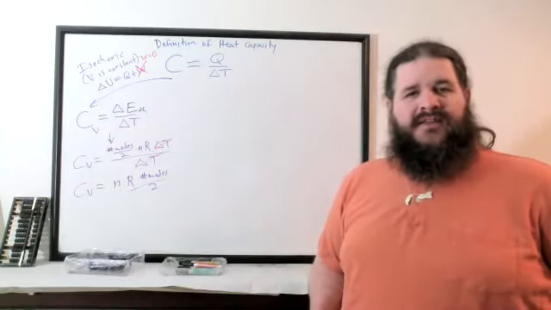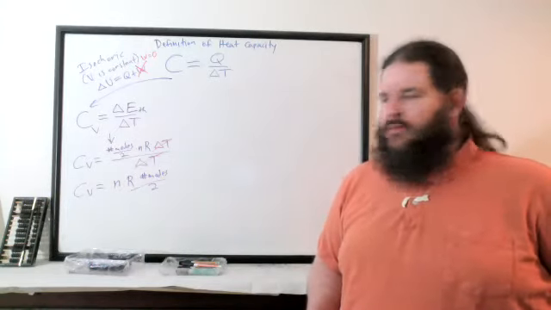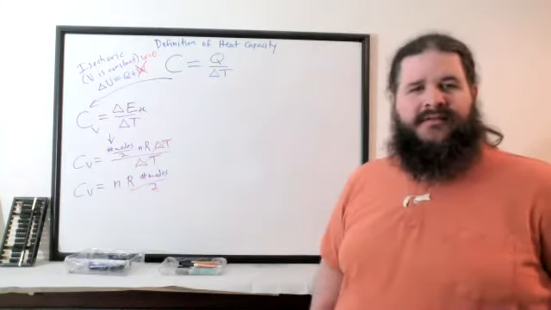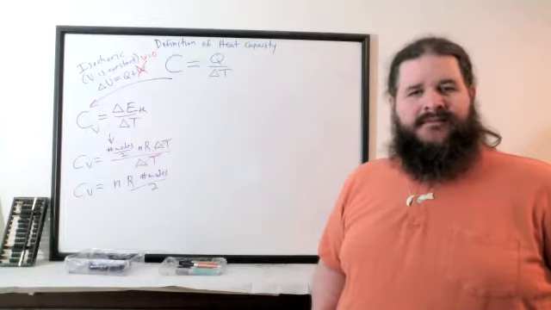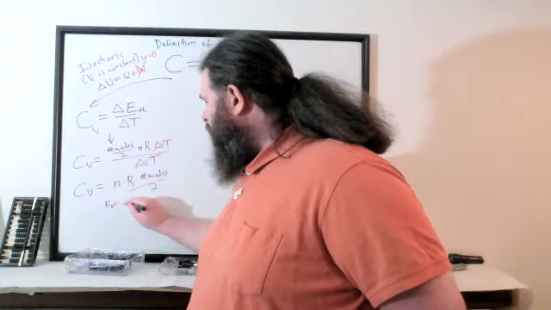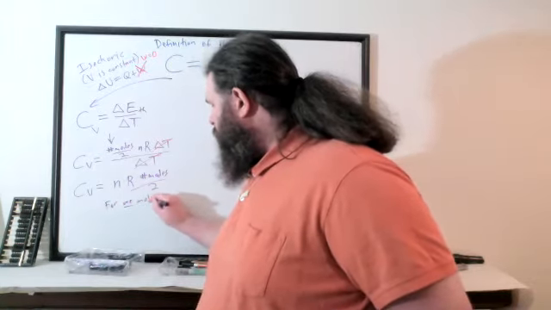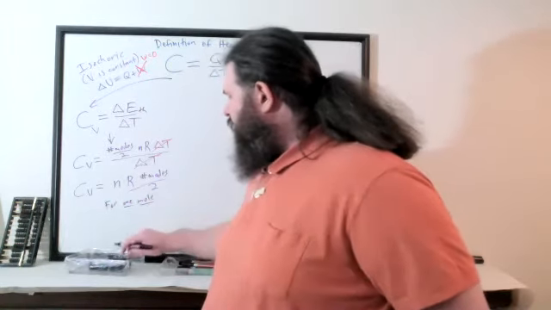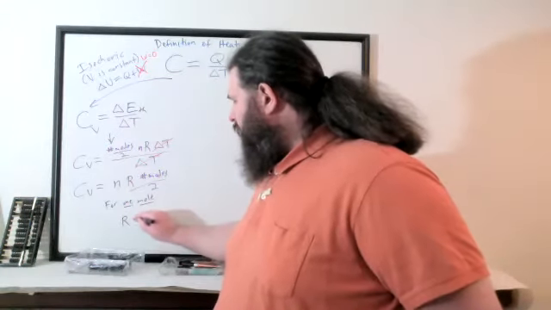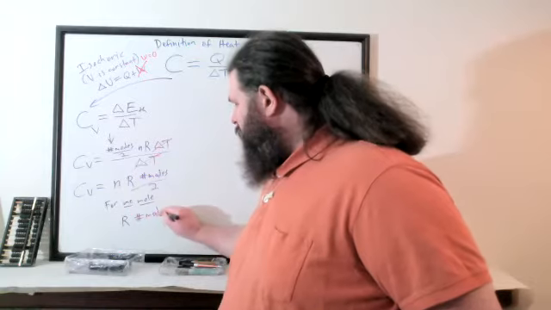In fact, we could even take this a step further. We can standardize this by what would be a very convenient standard number of moles to use. 1. If we just say, let's standardize this to exactly 1 mole, we just get 1 times R times number of modes over 2. In other words, R times number of modes over 2.